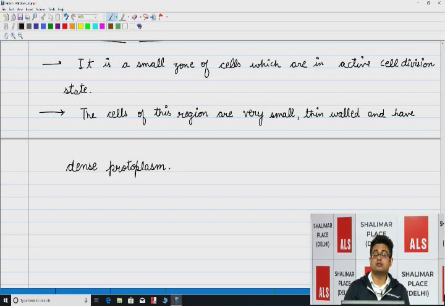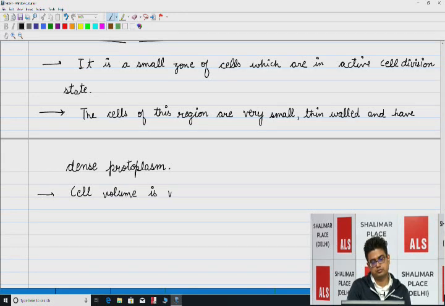You can also write, cell volume is very less. Why is it so less?